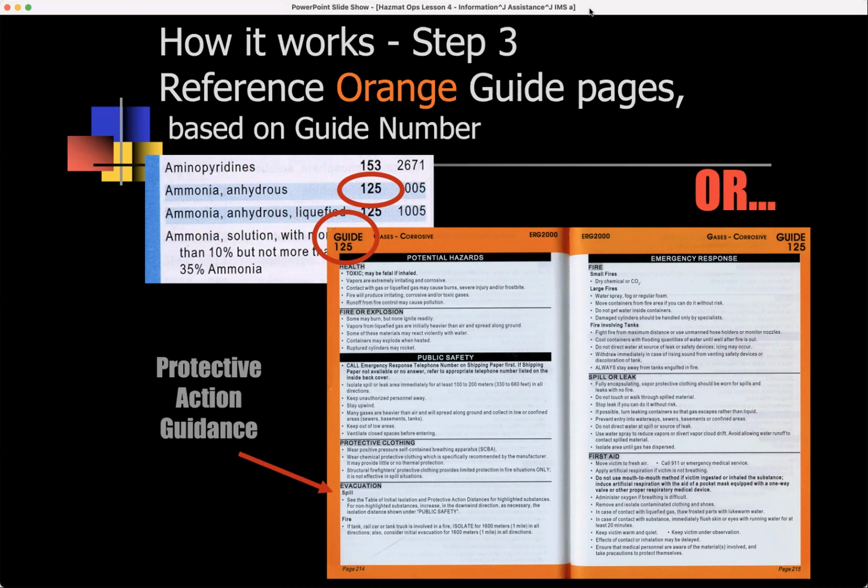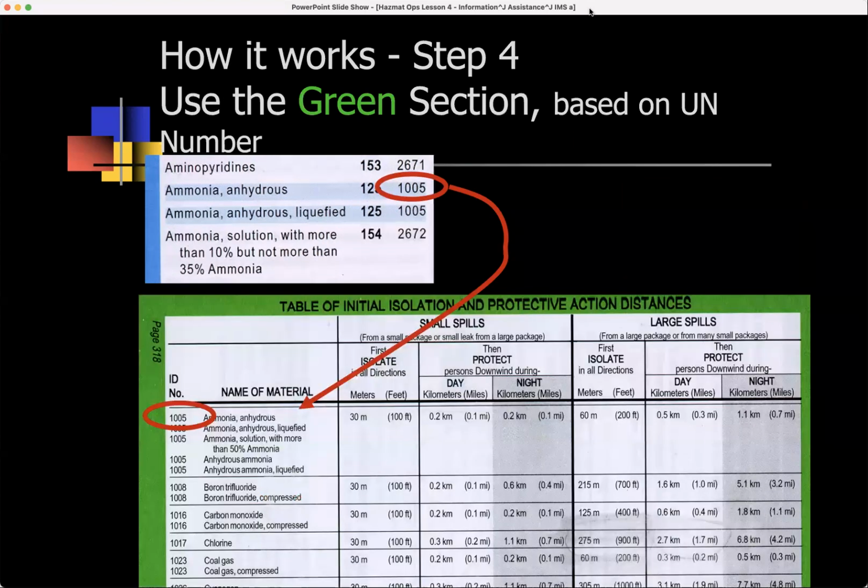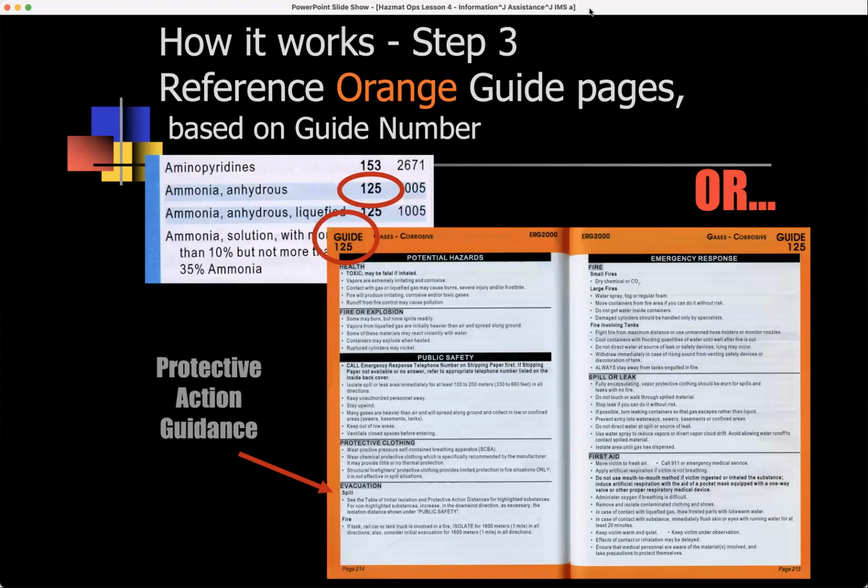As you can see, the main sections there are potential hazards, public safety, and emergency response. It tells you what to do. You can also go to the green section, and you're going to first isolate 100 feet. Now, if we go back one, it says evacuation spill under public safety.